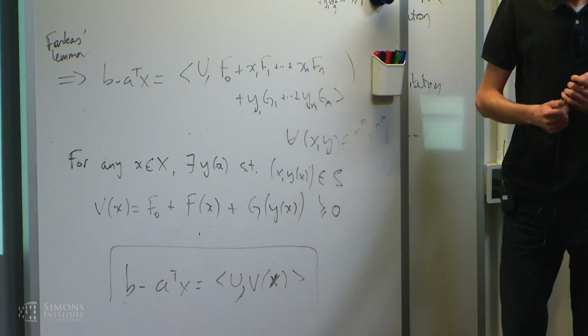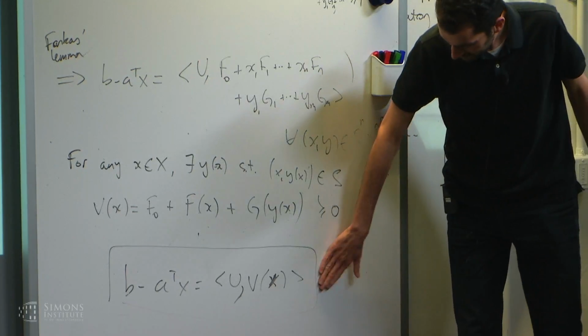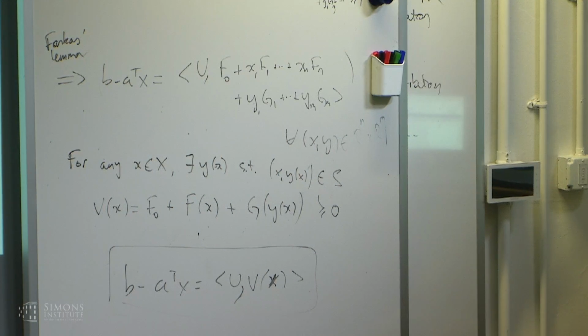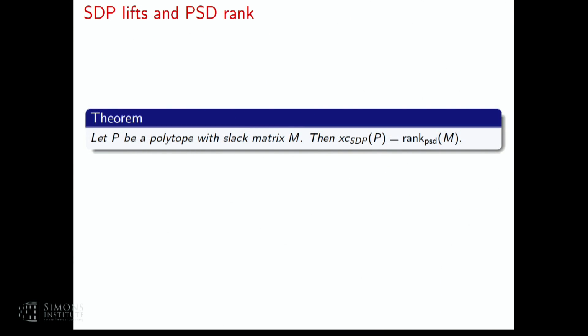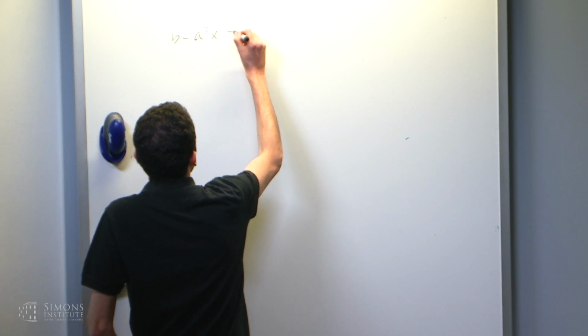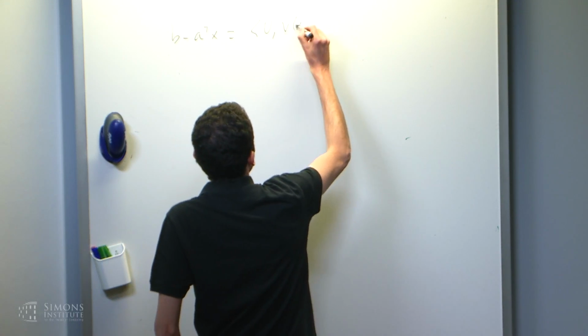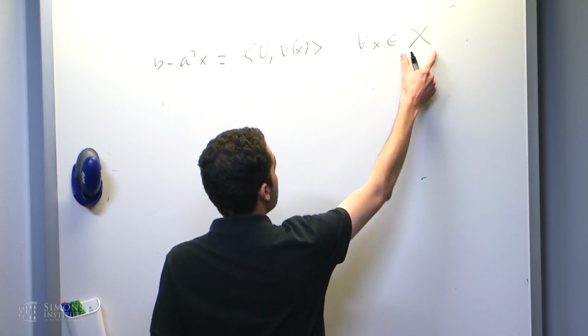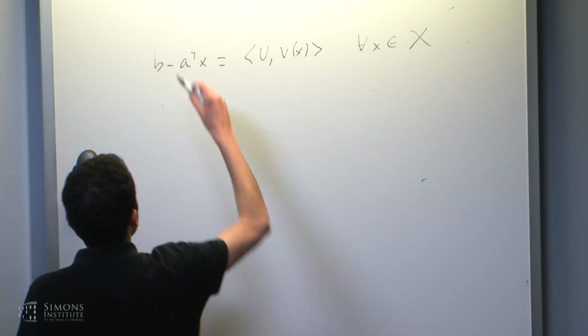So what we've essentially shown is that if you have an SDP lift of a polytope, then you have a certificate of non-negativity of all your facets of the following form: B minus A transpose X is equal to U comma V of X for any X in X, where X are the vertices of my polytope, and U and V are PSD.